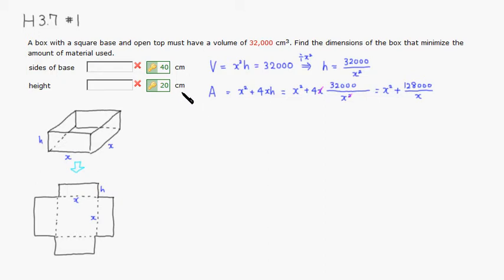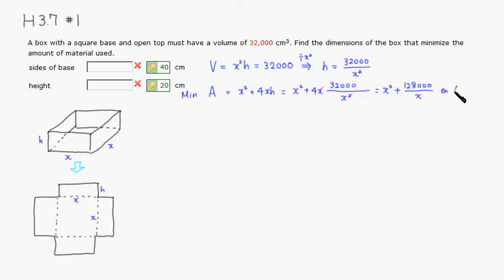So we want to minimize this on an interval. The restriction would be that x can be anything as long as it's not 0. If x is really small, we can make h large enough so that you get 32,000.